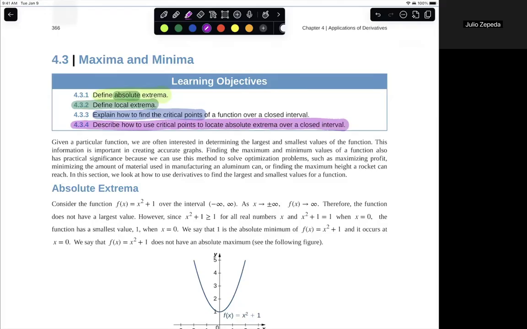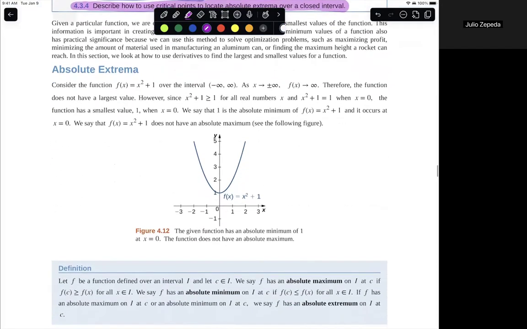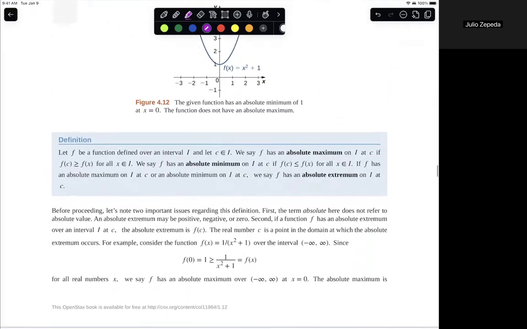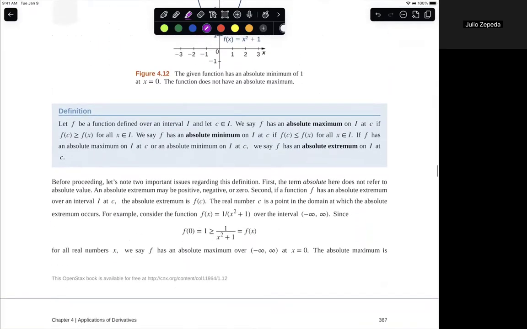Okay, so in this video, we're not going to read the whole text, but we'll go over the important definitions and theorems and then some practice problems. So let's start here with a definition. We have a function f that is defined over an interval I. And then there's a special value in that interval called c.